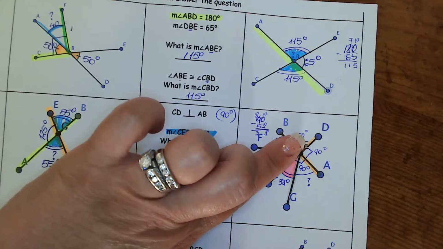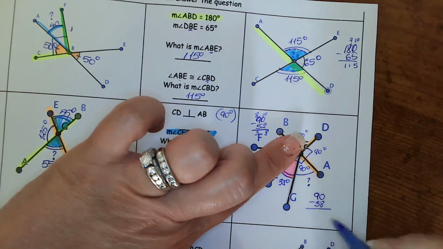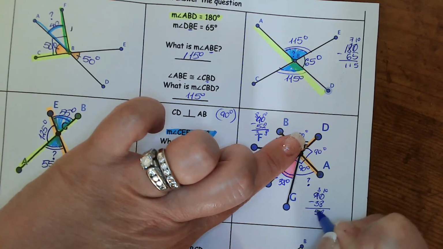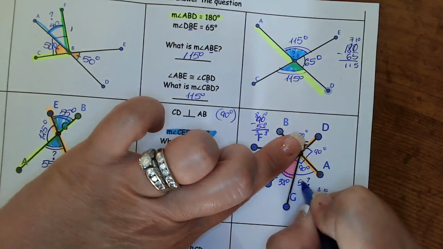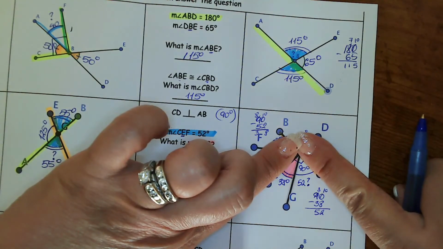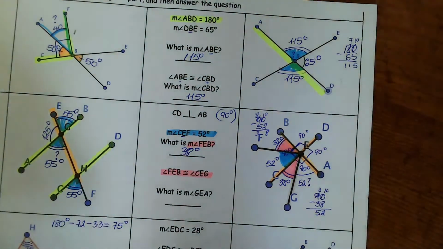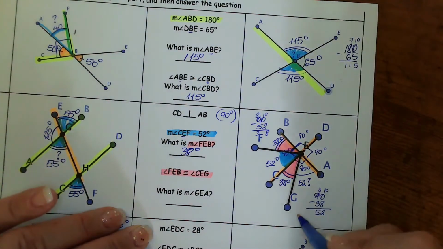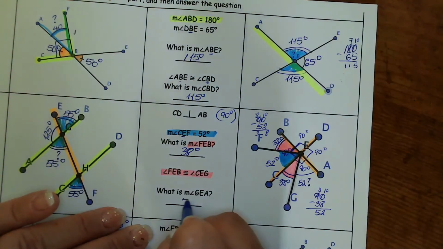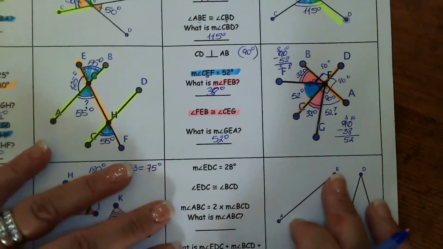To find the missing angle, we have 90 minus 38, which is 52. 38 and 52 together is 90. So using that complementary relationship, we can figure out that the angle GEA is 52 degrees. Check that out.